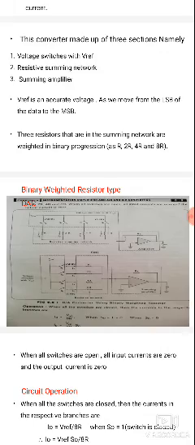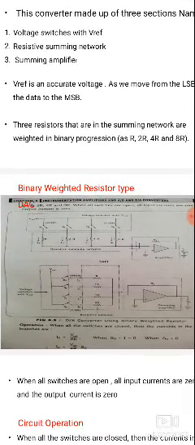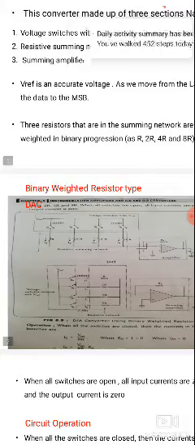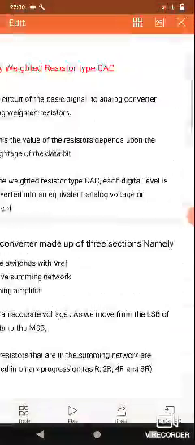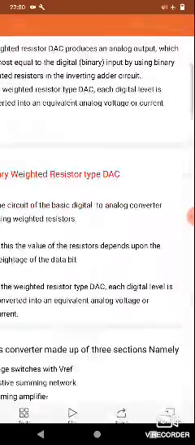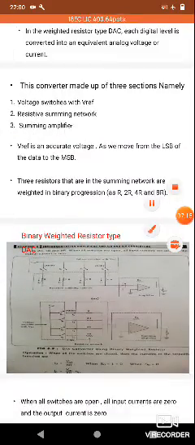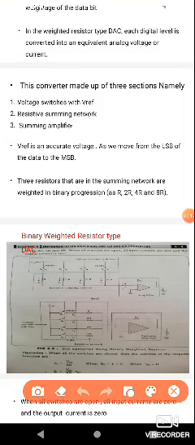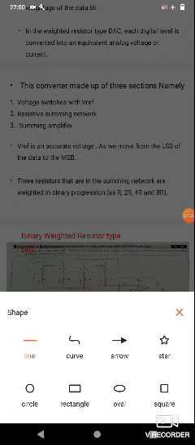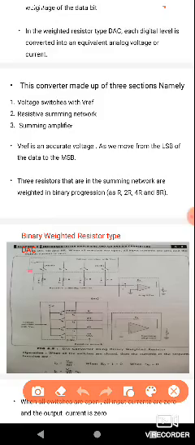So the converter is made up of 3 sections. First, voltage switches with V reference.